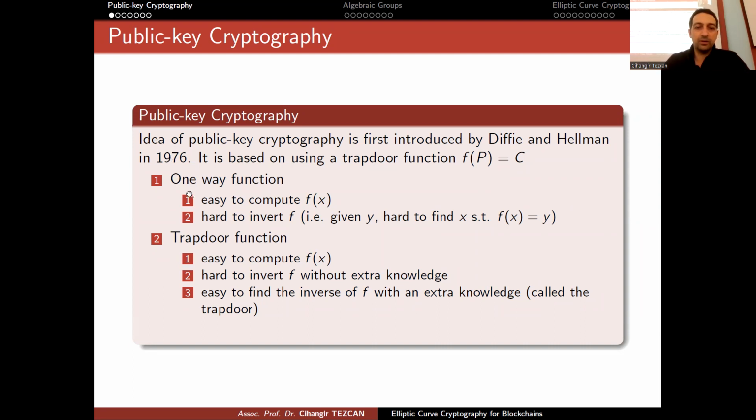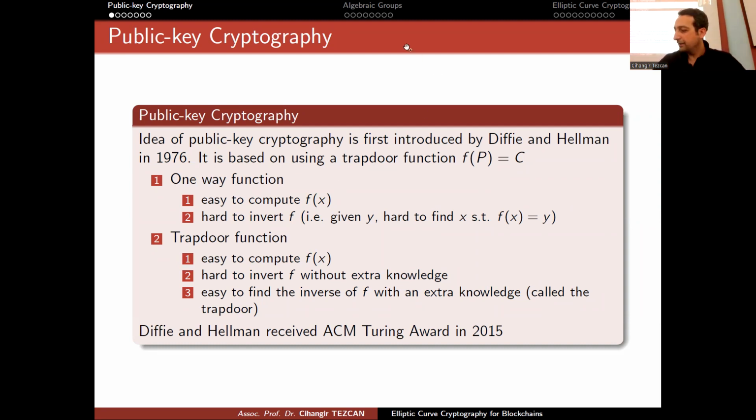So this is a very old work, but you know, Diffie and Hellman received the ACM Turing Award in 2015, which is actually a very late award. Unfortunately, they deserved it much earlier. But anyway, because today on the internet, almost the whole security depends on Diffie-Hellman key exchange, which was actually introduced in that paper in 1976.